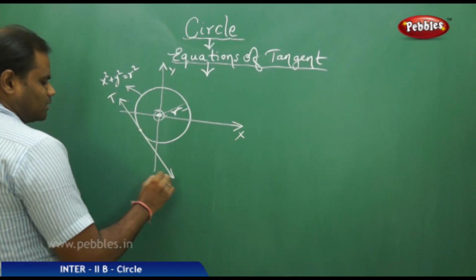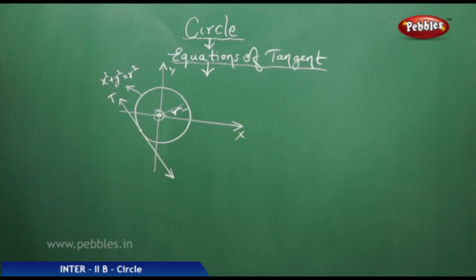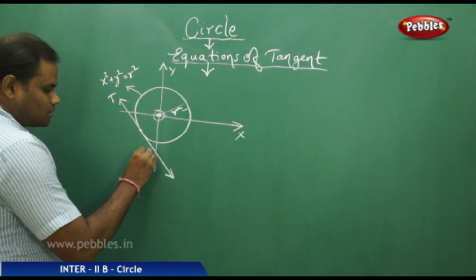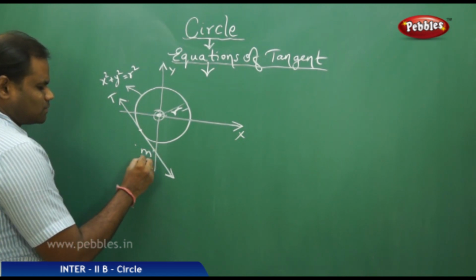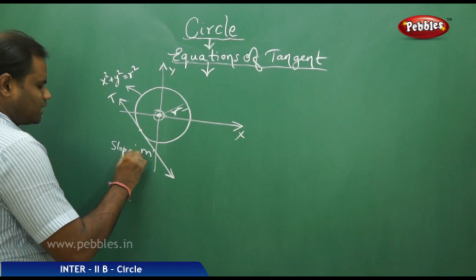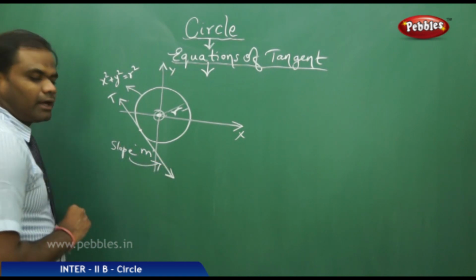Now let me say this is the tangent for the circle which has slope m. So the tangent has the slope m.